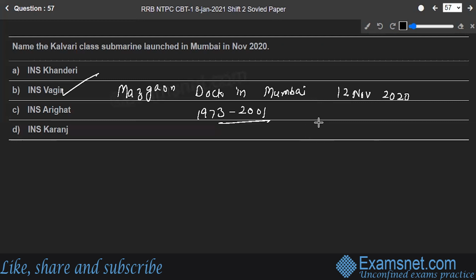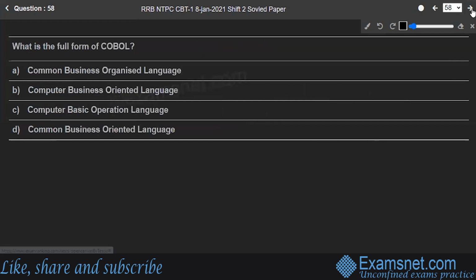It is the fifth among the six Kalavari class submarines being constructed by public sector shipbuilder Mazagaon Dock Limited, MDL, in Mumbai. So we have option B as the answer to this question. Hope you understood this. So let's move to the next question, number 58.